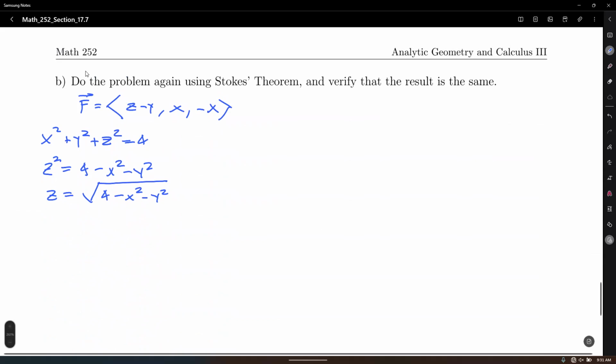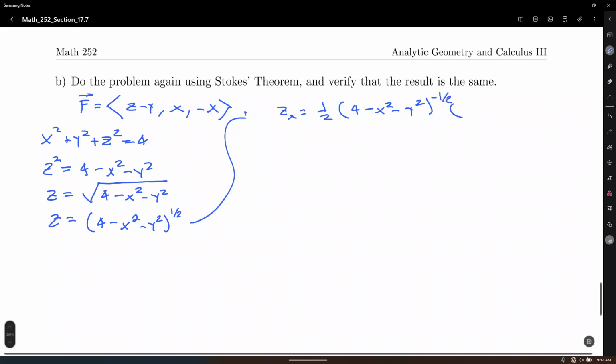We need to find the partial derivatives. Number one, let me rewrite the function. That's z equals 4 minus x squared minus y squared to the 1/2. And let's find the partial derivatives. That is z with respect to x equals 1/2 times 4 minus x squared minus y squared to the negative 1/2, times the derivative of the inside with respect to x, that is negative 2x.